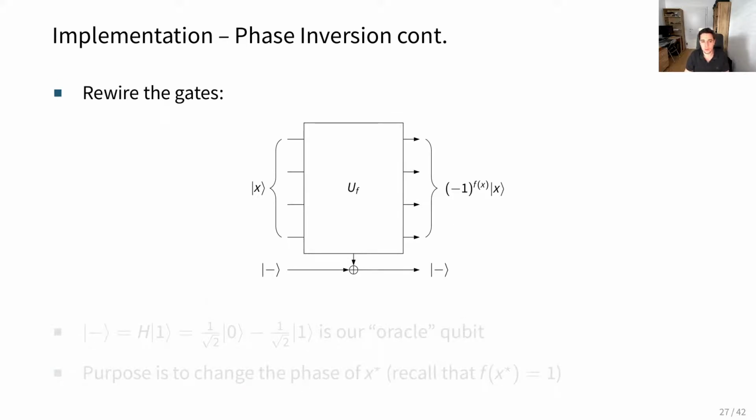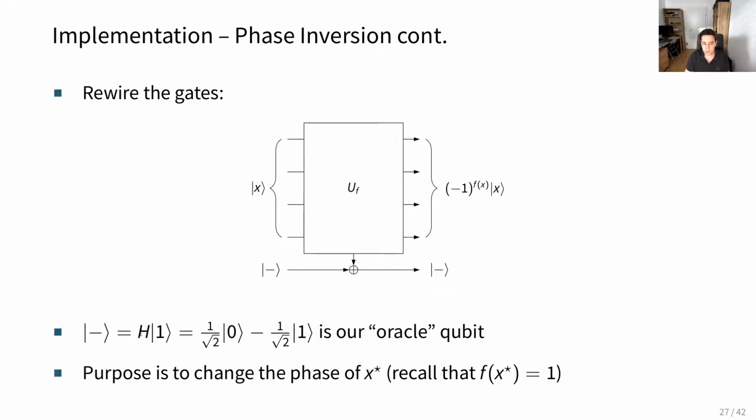Well, we can rewire the gates and say we have an output here which is this, and now you have to trust me, it's a good idea to input this minus qubit here. What this minus qubit is, is actually the Hadamard transform of the constant 1 qubit, which means that basically it's this representation here.